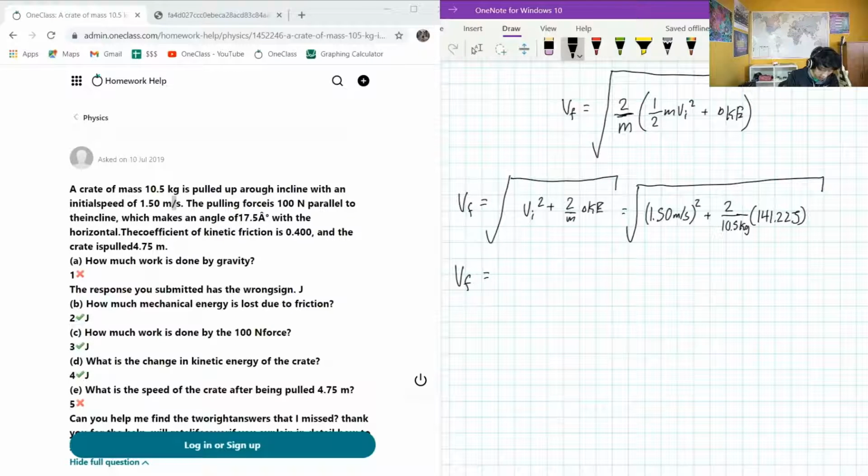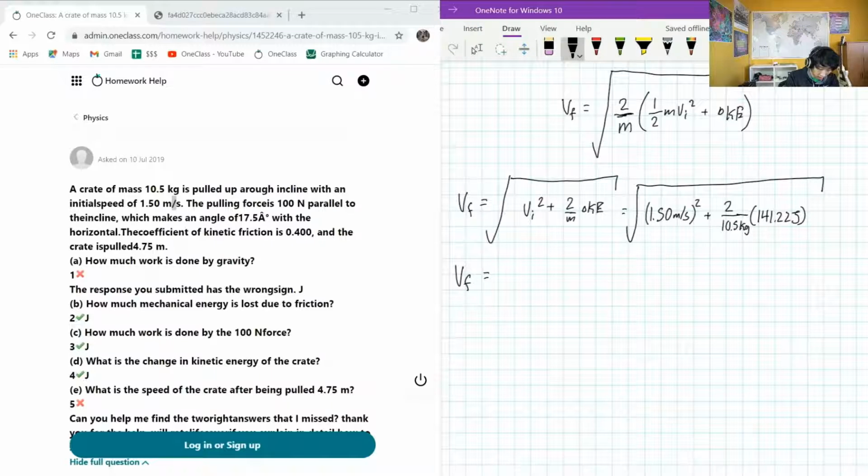Okay, so from the RAM, I got this. Divide by 10.5. Plus 1.5 squared.